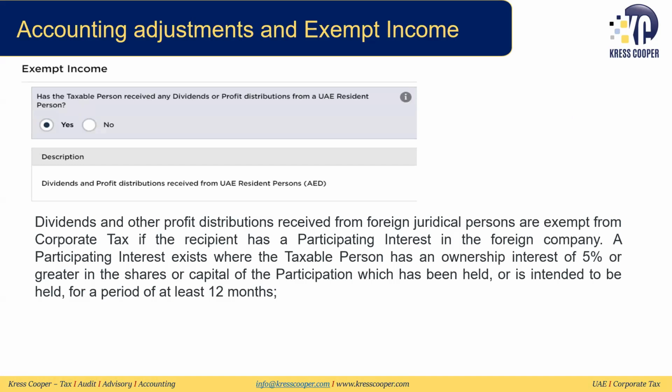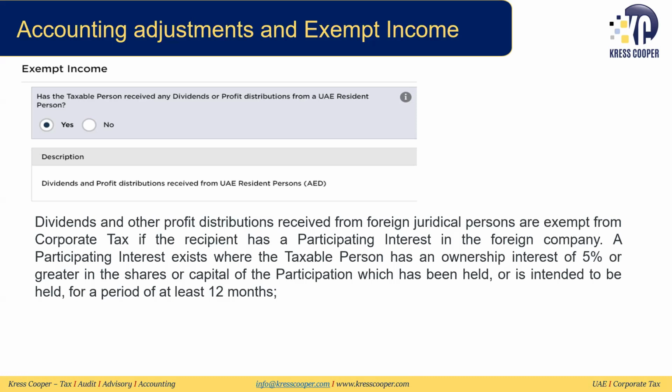Then exempt income. We know certain income is exempt, so it has to be excluded from our accounting income. For example, dividend income received from a UAE resident person has no conditions, it is exempt. So if you have received any dividend from any resident juridical person, then you will have to click yes, and you have to put in that amount so it can be excluded.